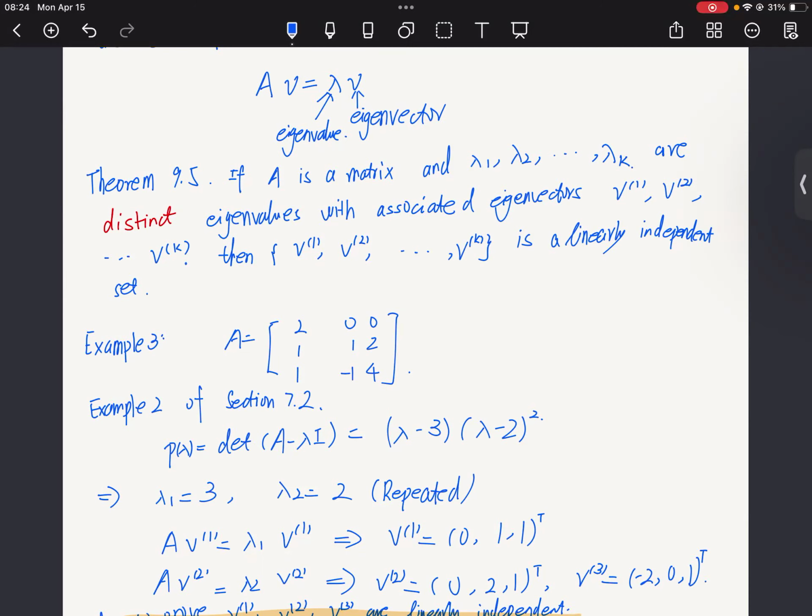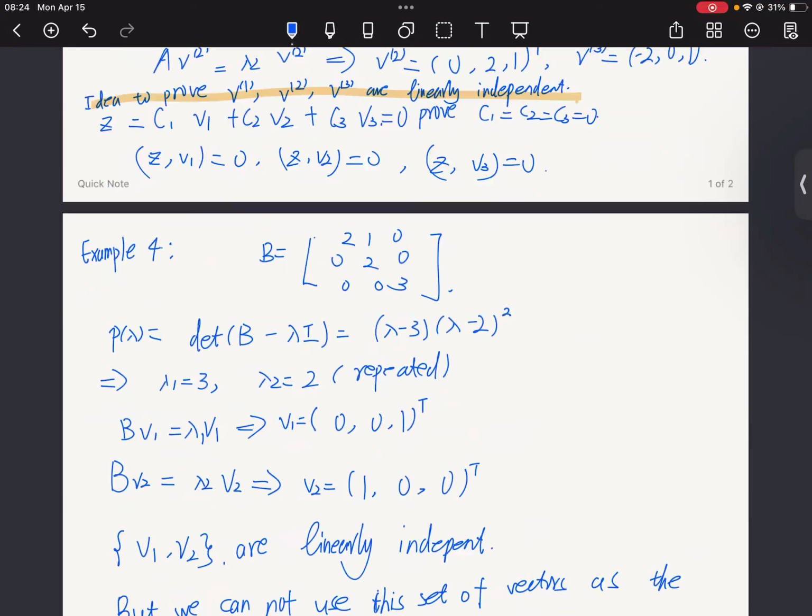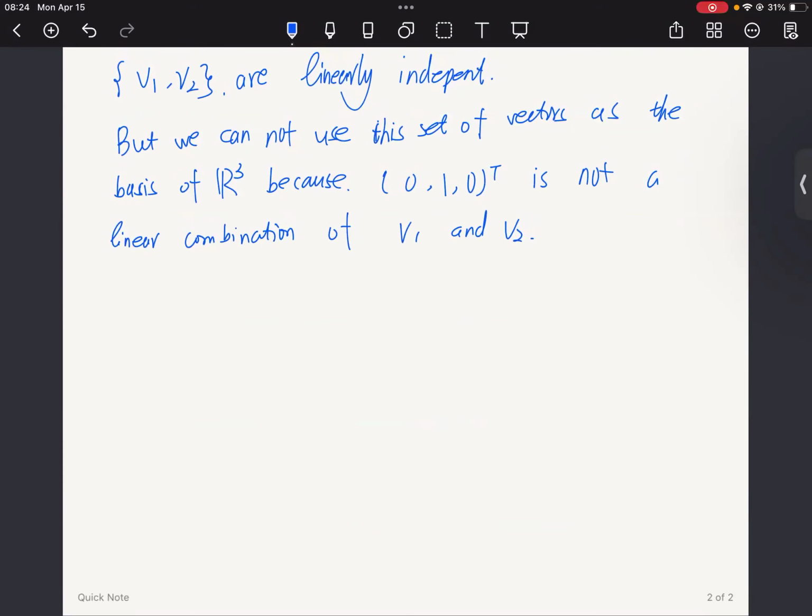So this is example 3 and 4. And next, I'm going to introduce some things we would use in the next class, a similar idea, the matrix similarity idea.